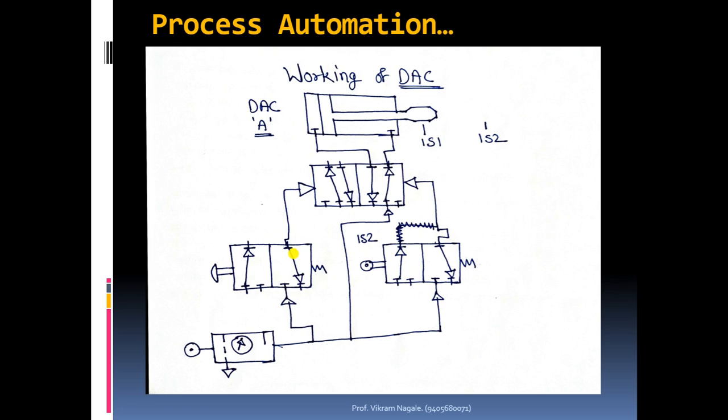Here, the air will get exhausted into the atmosphere, and there won't be any pressure on the left hand side of this valve. So whenever we apply pressure on the right hand side, we will get a retraction, and our condition is getting satisfied.